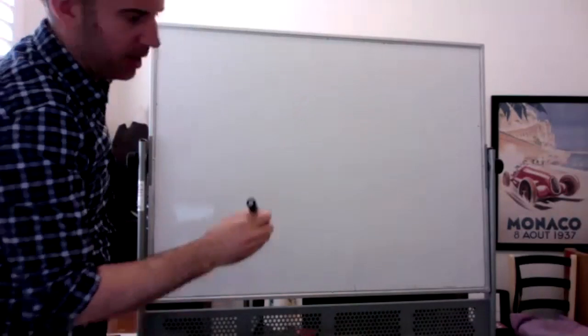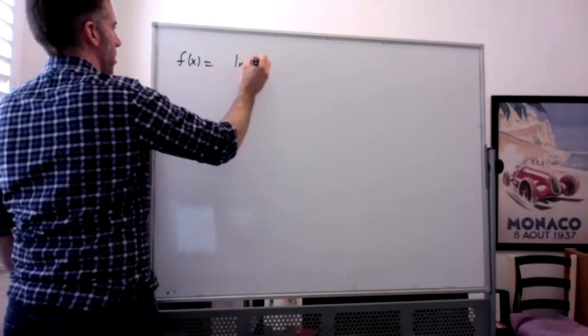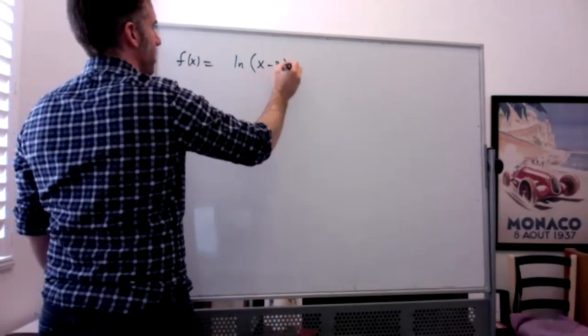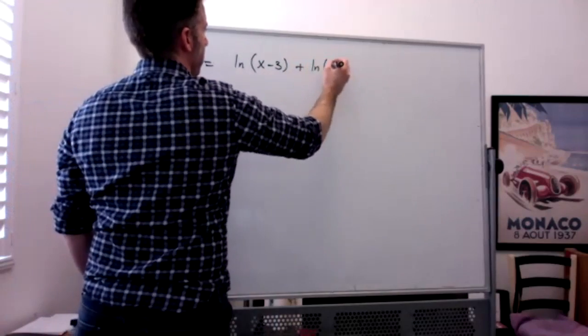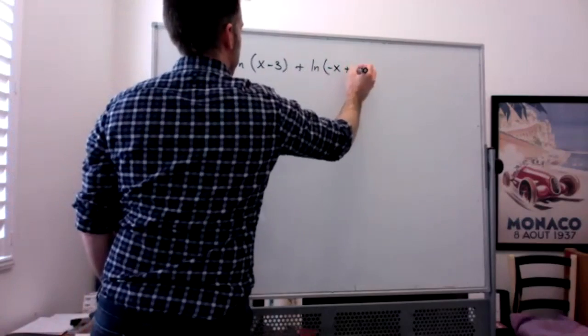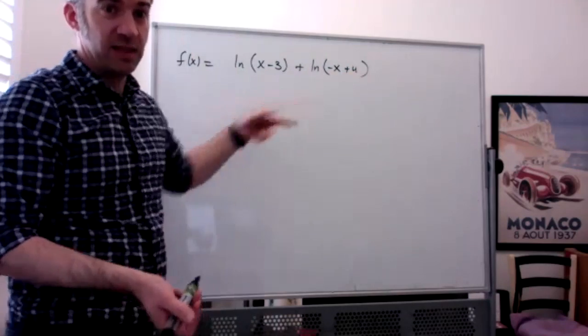So let's look at f of x equal to the natural log of, what have I got here? x minus 3 plus the natural log of negative x plus 4. Okay, so we have to deal with each of these pieces separately.